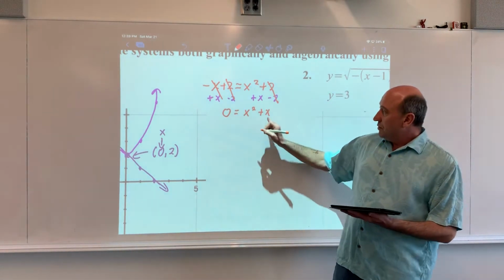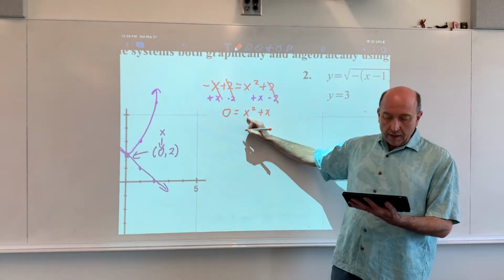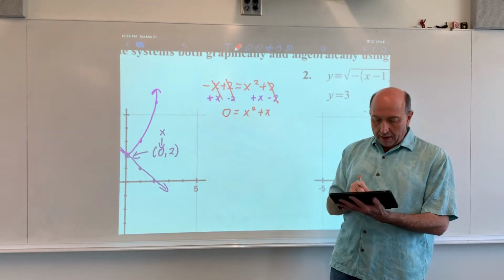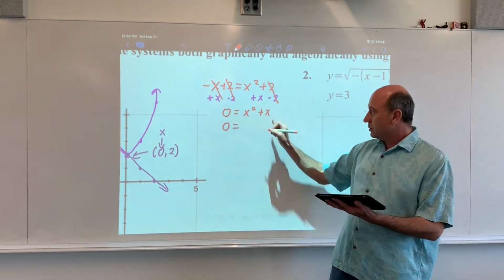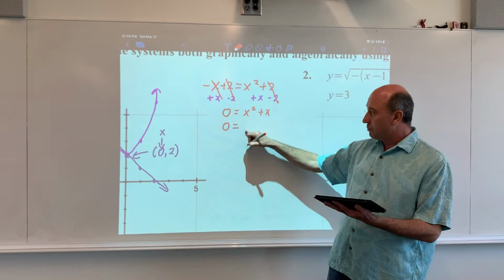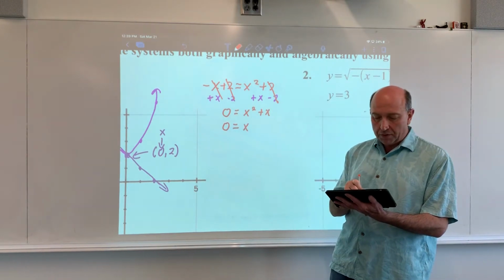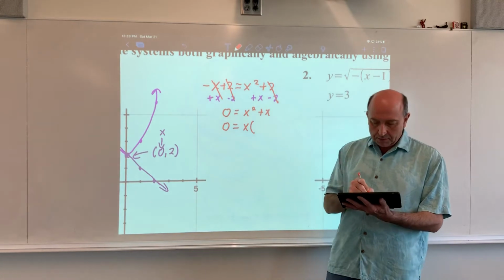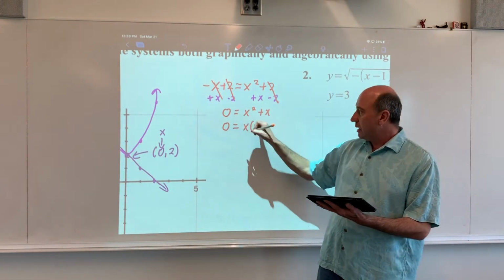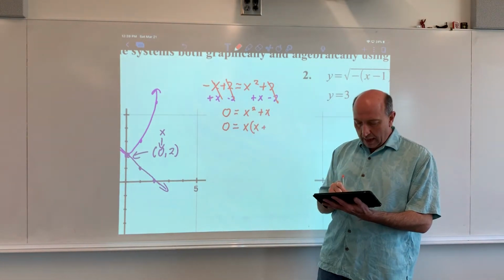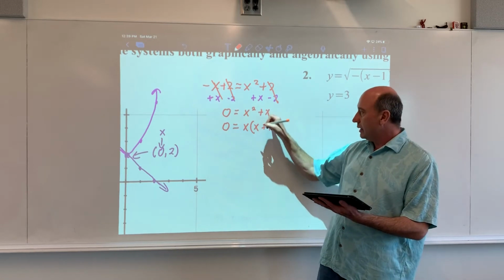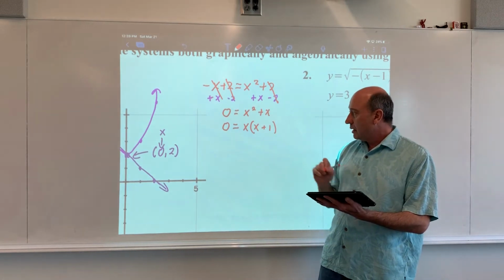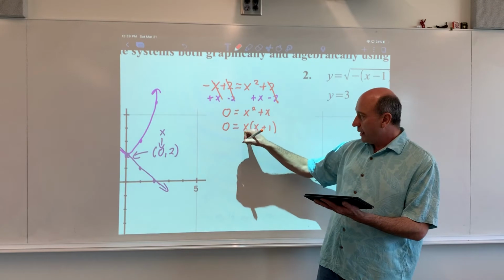Now I can solve this by, well, I'll try factoring, and if that doesn't work, I'll use the quadratic formula. So I get 0 equals. There's an x in both terms. I can pull it out using only one parenthesis. Try one parenthesis first, not two parentheses. Now, x times x is x squared, and x times 1 is x. Now, what makes this part 0?